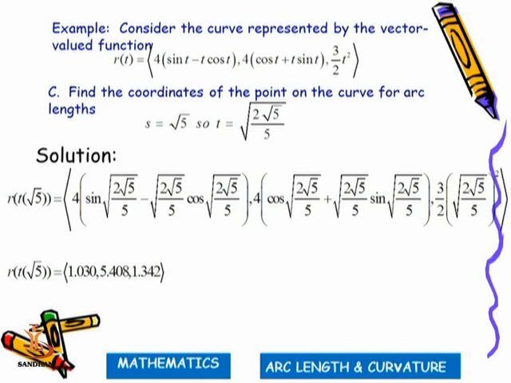So we have this answer. So convert the value of sine under root of 2 under root of 5 by 5. We will find all these values. Then r of t of under root of 5 will be 1.030, 5.408, 1.342.